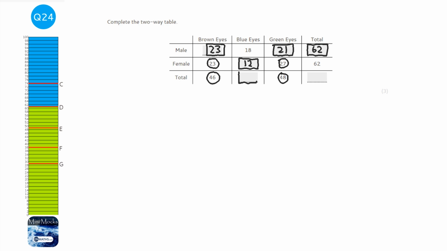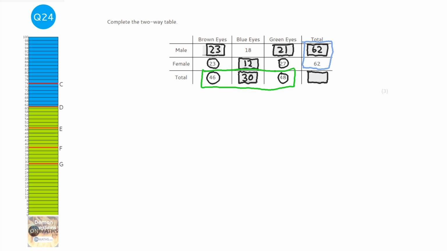With that one sorted, we can get this one. If there's 18 males with blue eyes and 12 females with blue eyes, that means there's going to be 30 altogether. Now this total is either the total of these ones or the total of these ones, and they should give you the same number.